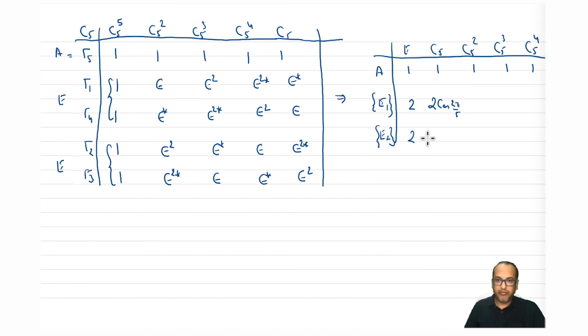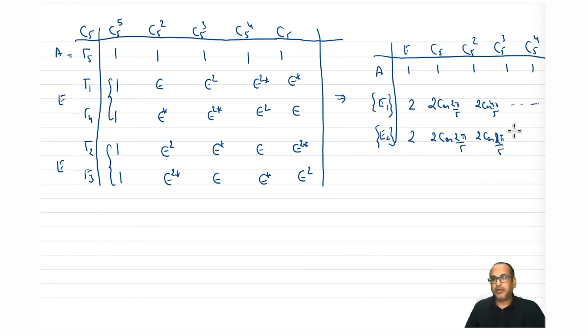Similarly here we have 2 cos 2 pi by 5, and here it will be squared, so basically it will be 2 cos 4 pi by 5. This will be 2 cos 2 pi by 5, right?